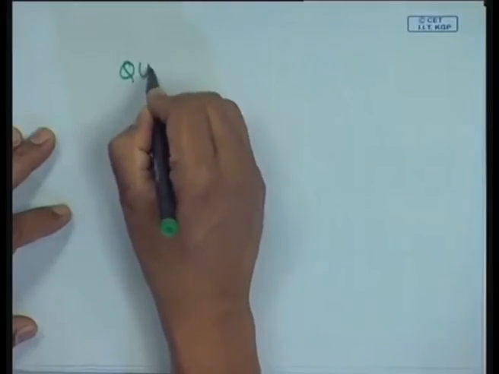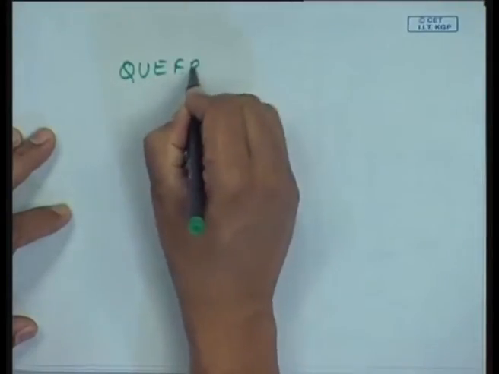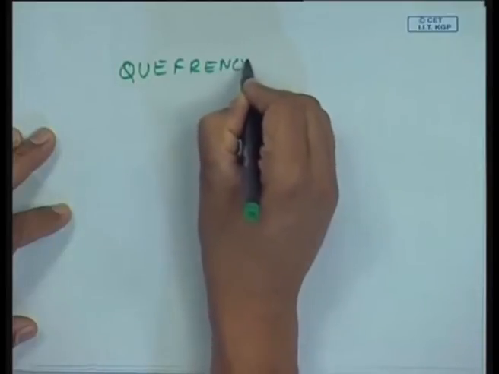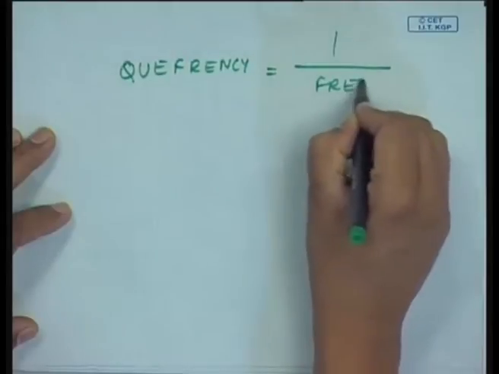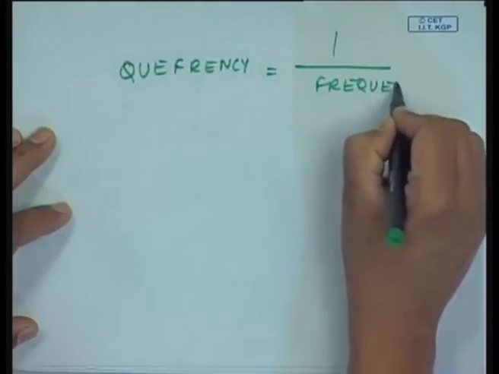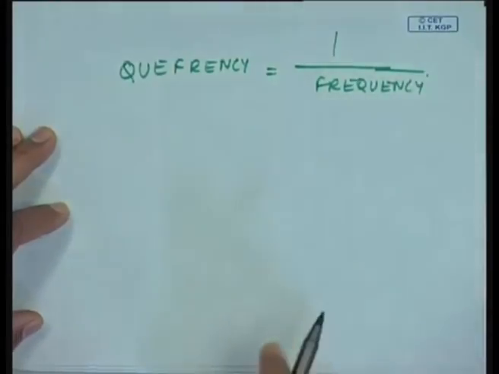But if I know I am looking for a particular family of sidebands, I can very easily do Cepstrum analysis and then see them as the Q frequencies, because one thing you should recollect, Q frequency is related to the 1 by the frequency.